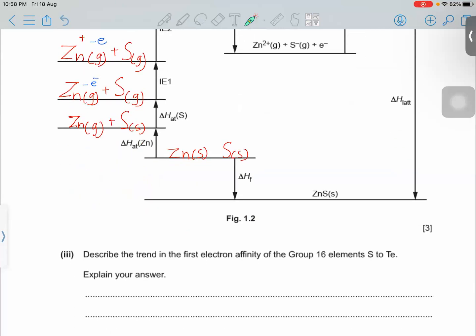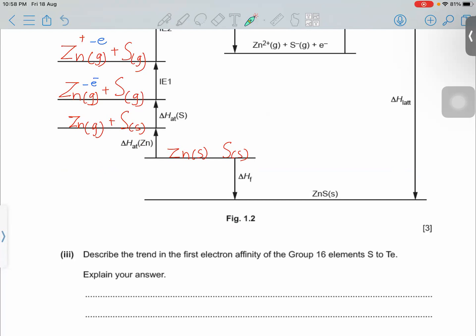Okay, sir. Now, can you define what is electron affinity? Do you know what is electron affinity?